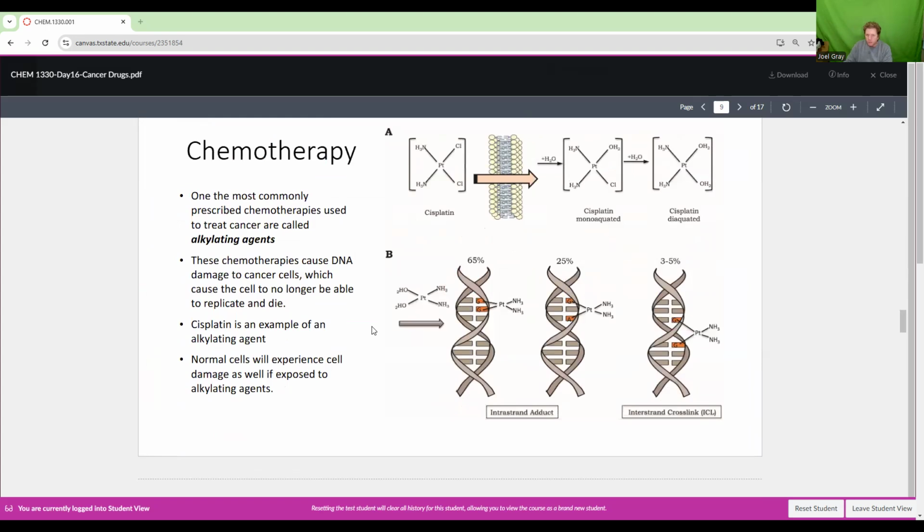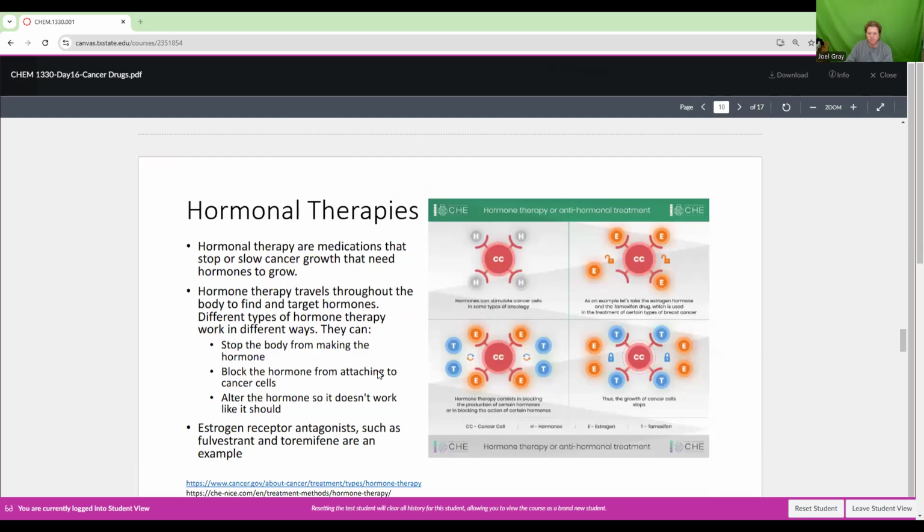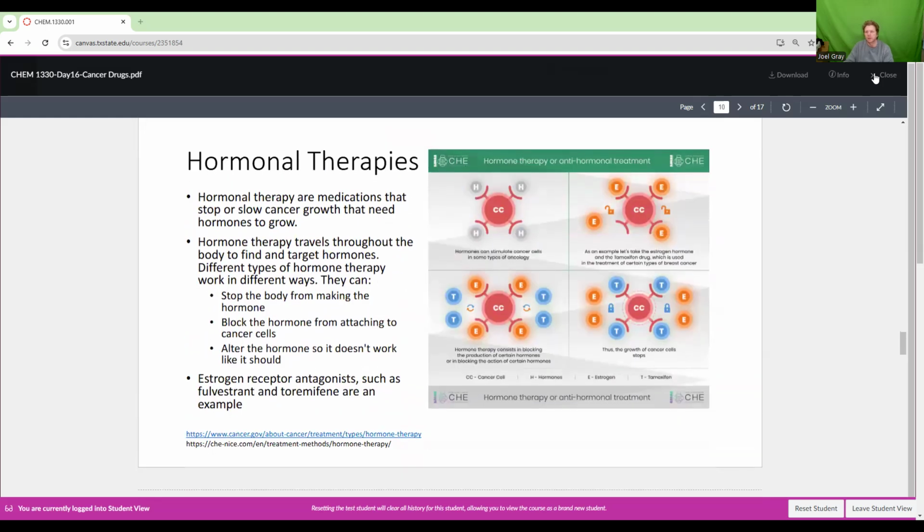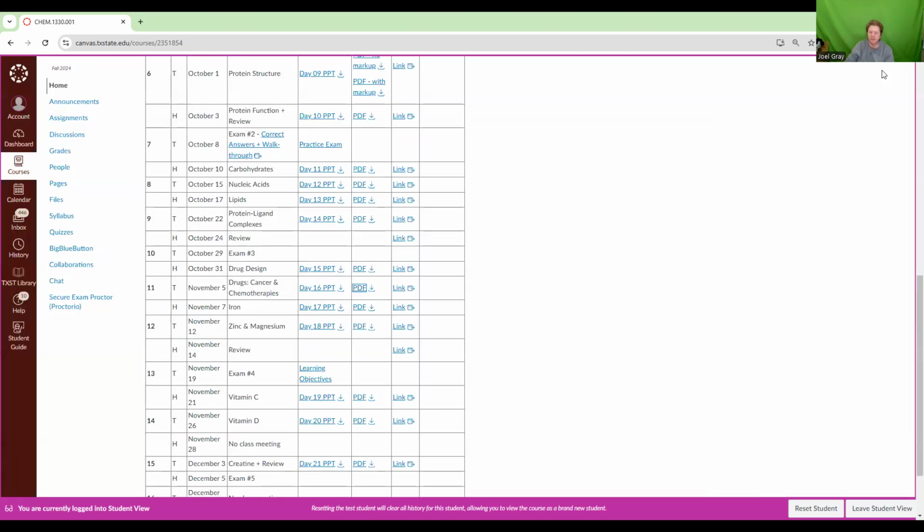One question that came up a couple of times was what is cisplatin and what is an alkylating agent? Then there were questions about hormonal therapies. If your body is producing hormones that cause a cancer to develop, maybe you can block that hormone, in which case maybe that's going to stop the cancer from developing.